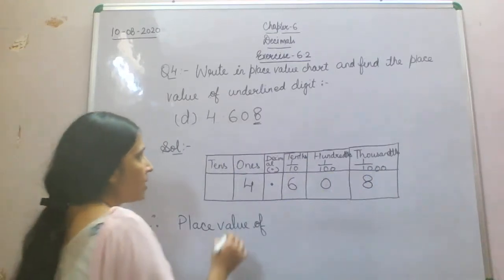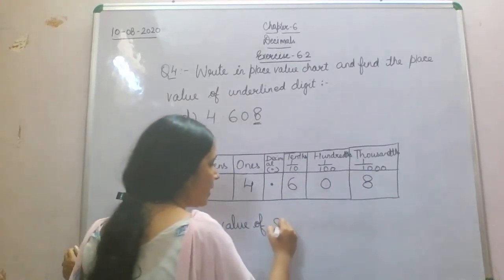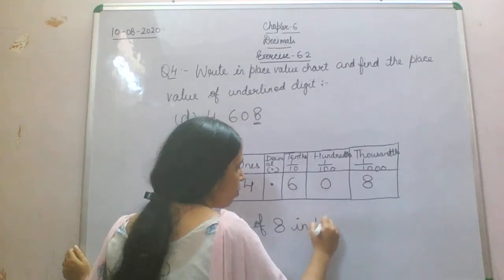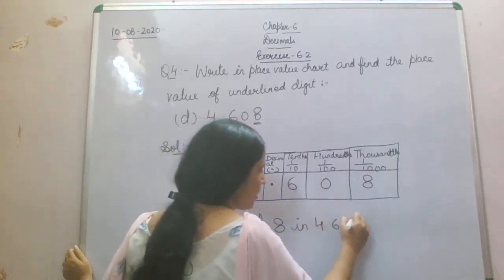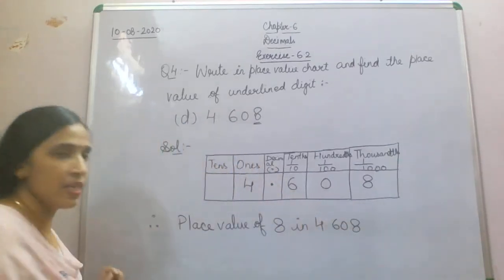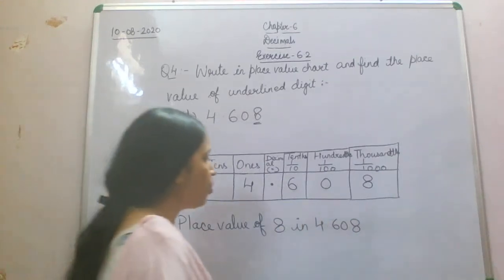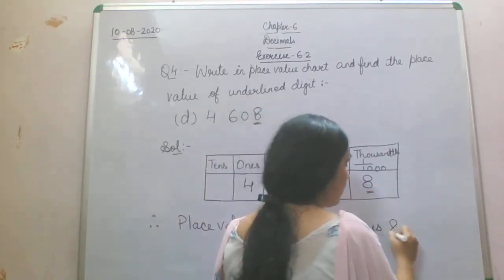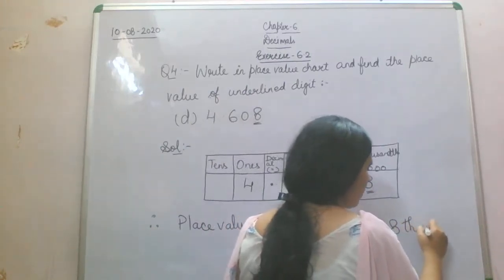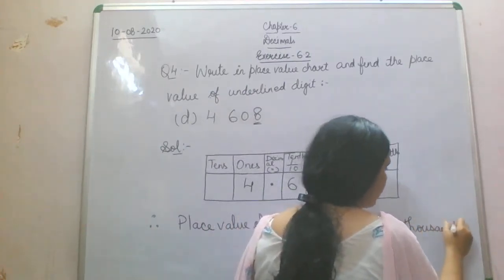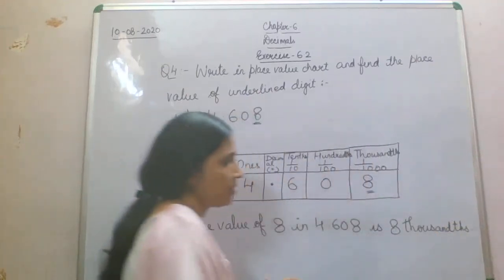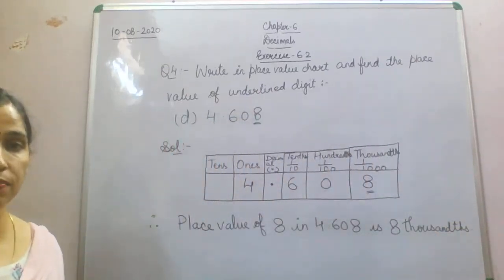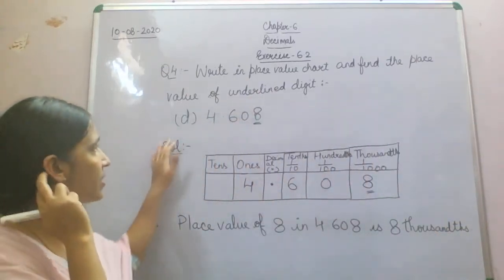Now what is the place value of 8 in 4.068? It is 8 thousandths. Fine, that is the place value of the given number. Let's see this D part once again.